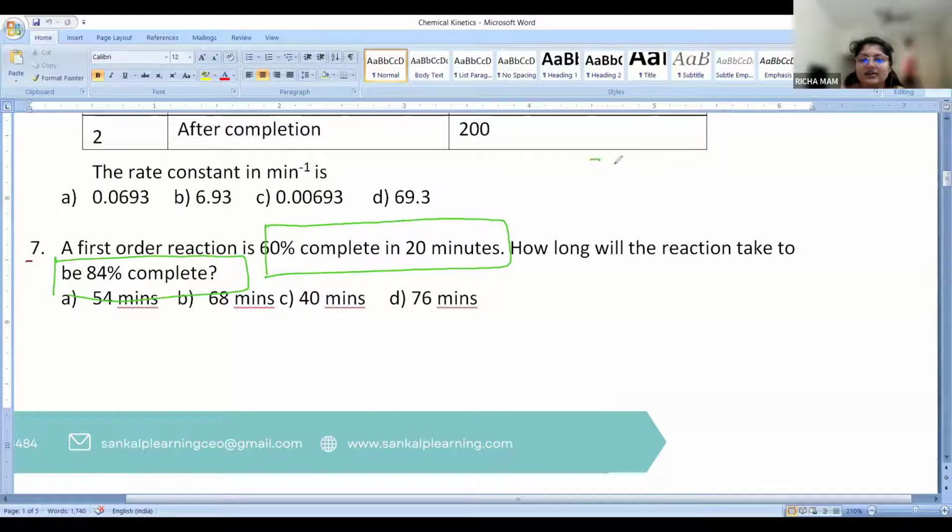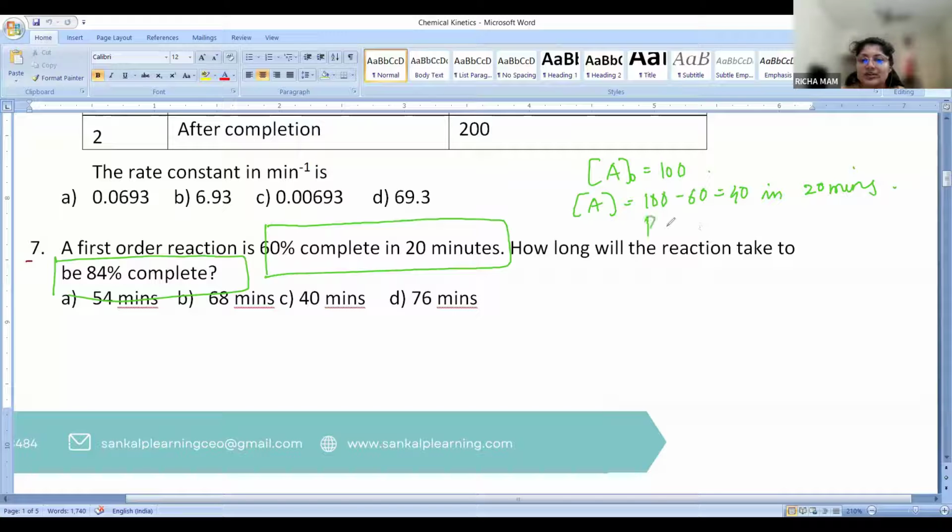If we take the initial concentration as 100, then the concentration of A will be 100 minus 60, that is 40, in 20 minutes.